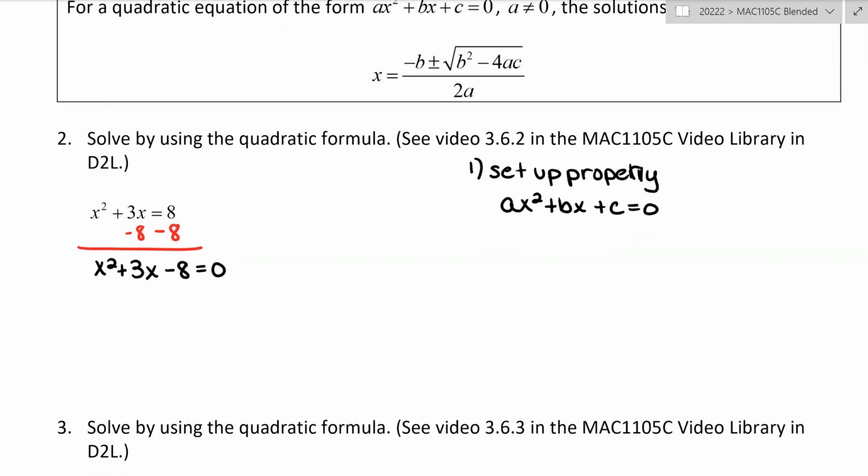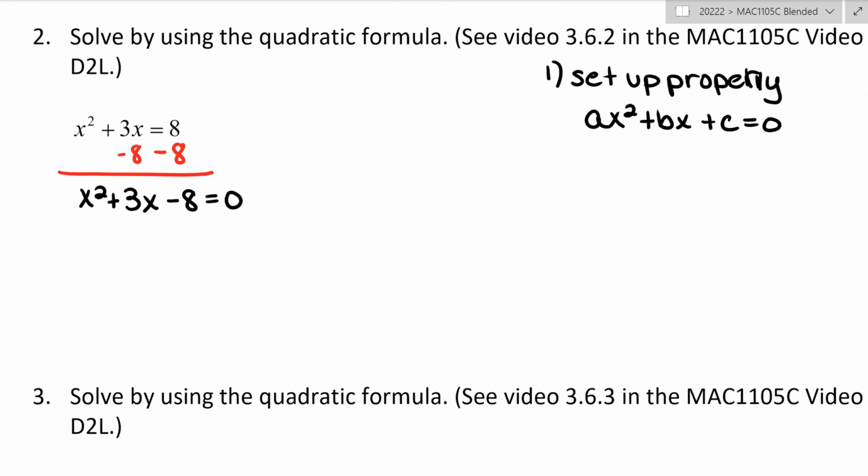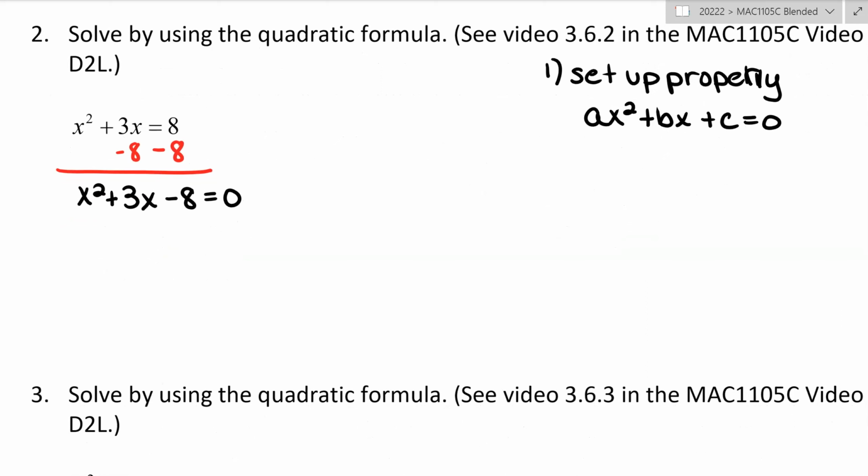So the best way to remember a formula is to just keep writing it so you can keep using it, and eventually you won't have to copy it down, you'll have it memorized. Okay? So here are the coefficients A, B, and C. Now I know that for A I didn't highlight anything, but remember there's an understood 1 there.